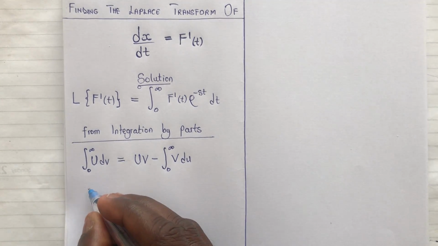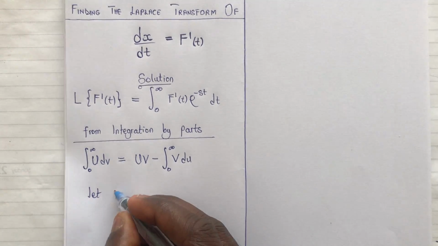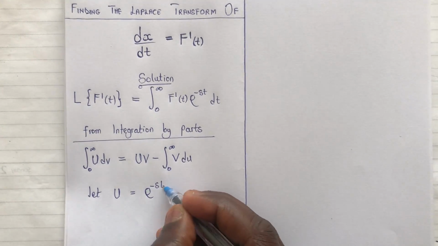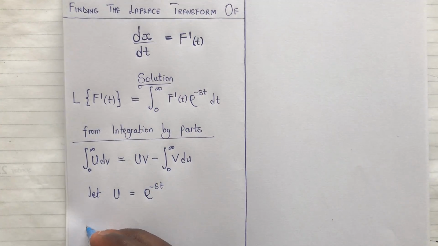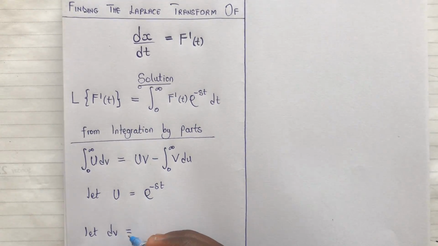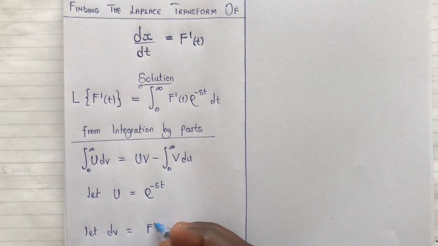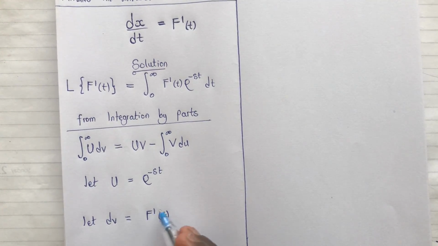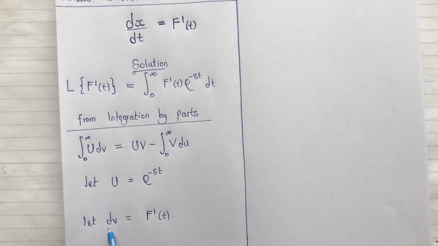So now we say let u be equal to e to the power minus st, and let dv be equal to f1 of t. This is because this is already a derivative function, so it qualifies.